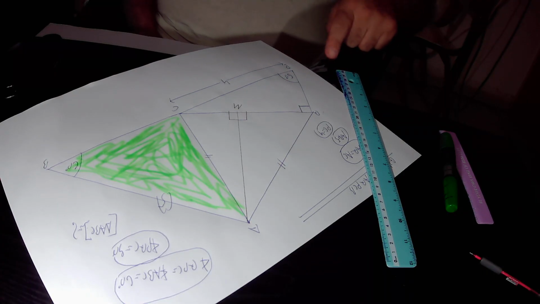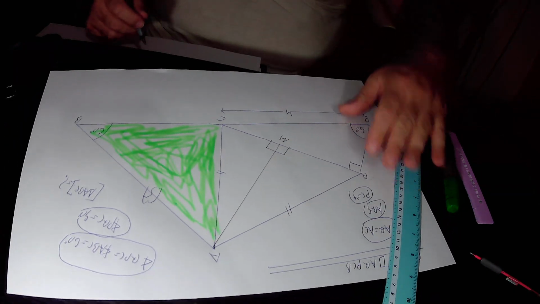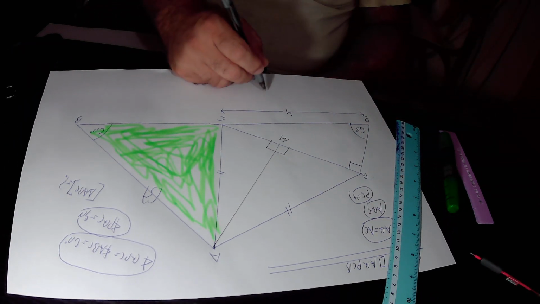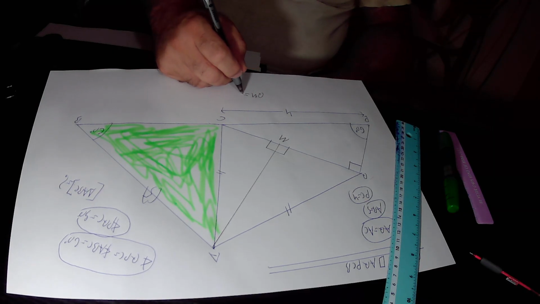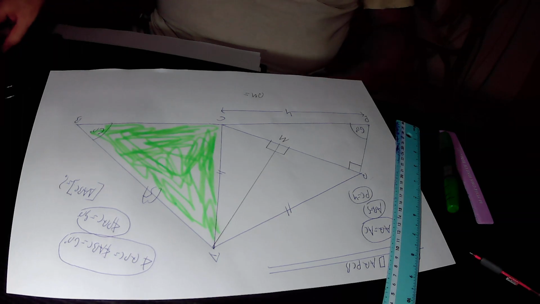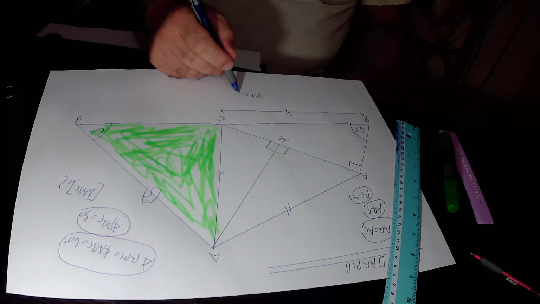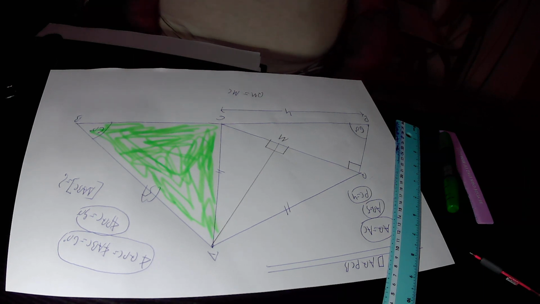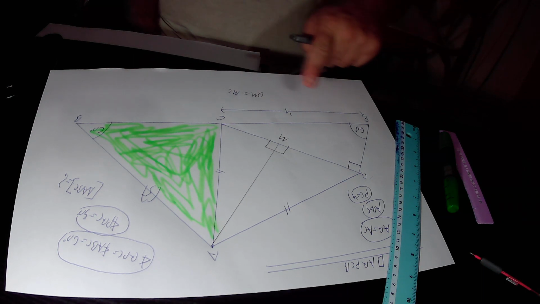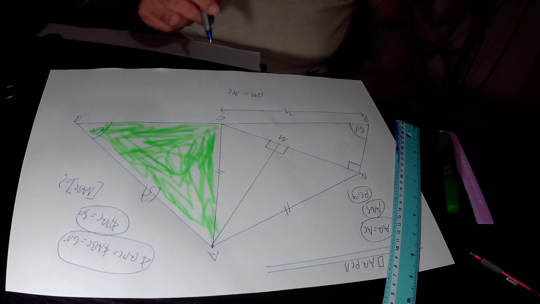That is to say, QM equals MC. So it bisects side QC, so each half equals QC over 2.